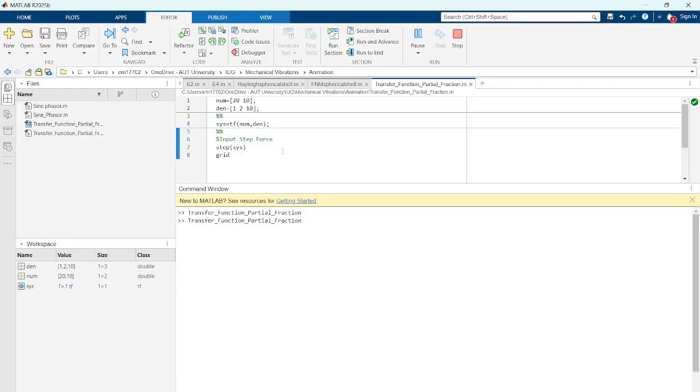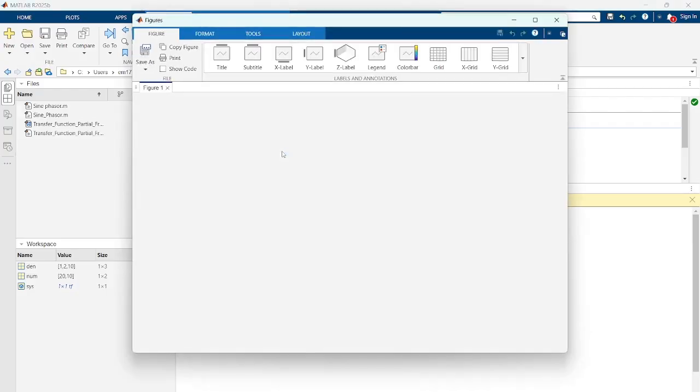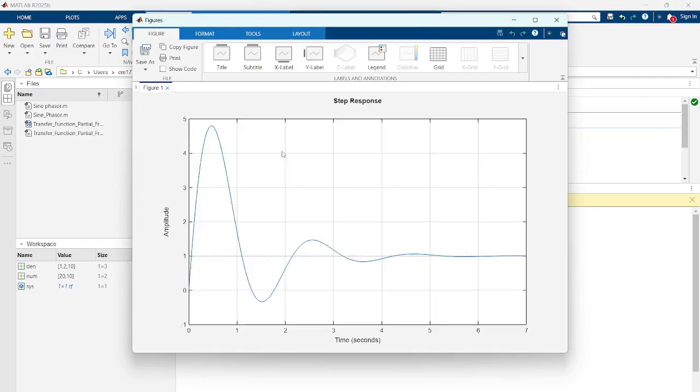Now MATLAB has defined its own time metrics, so it knows what should be the total time duration and what should be the time interval for each reading. So now we have this response plot of our system.